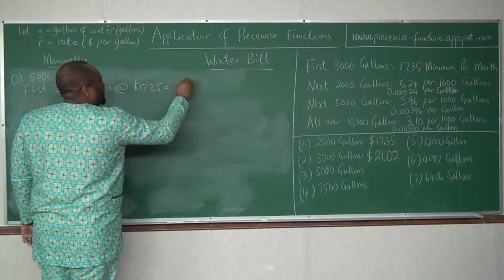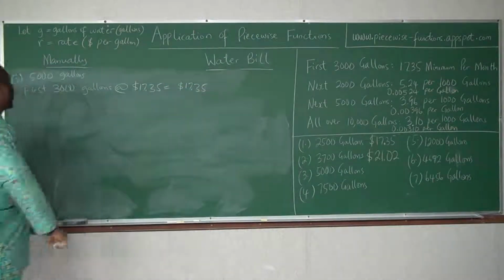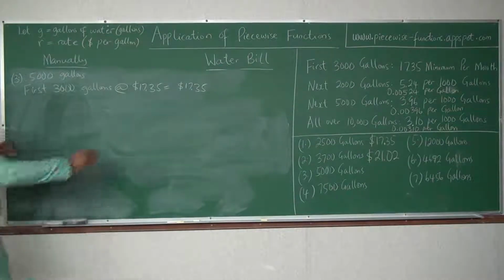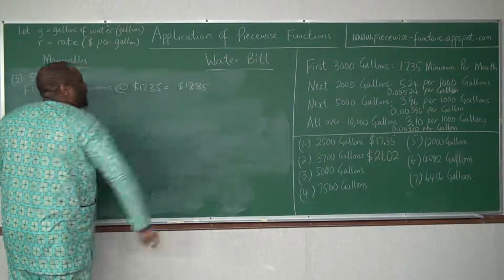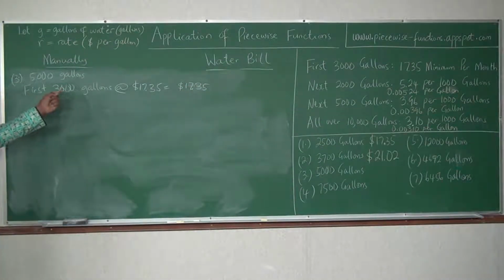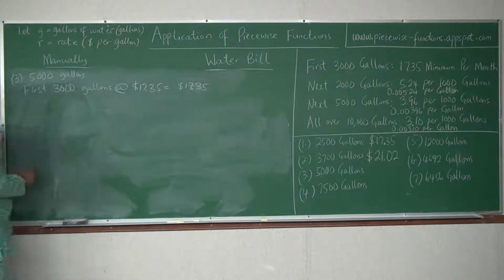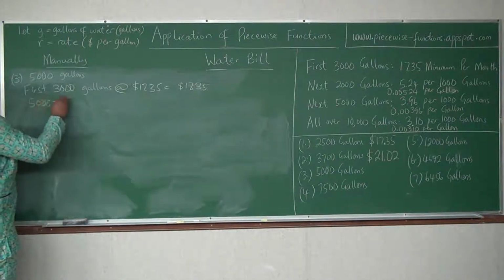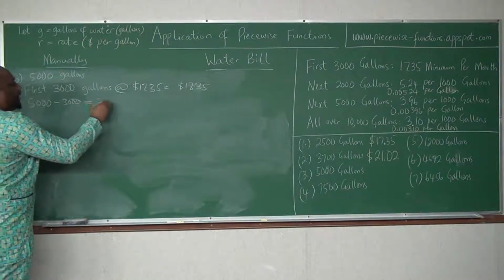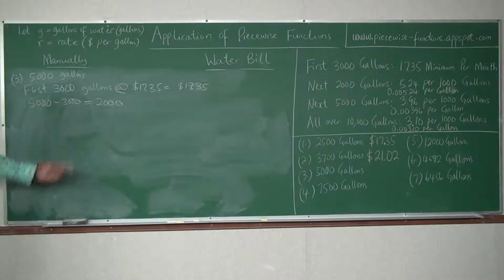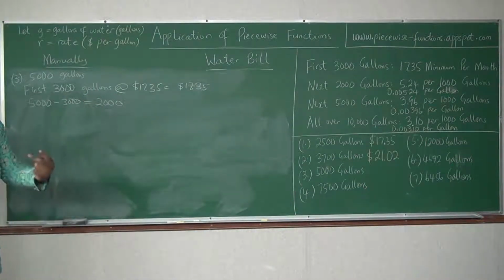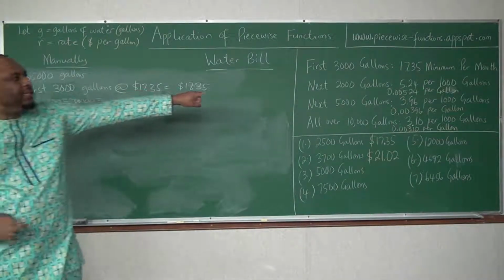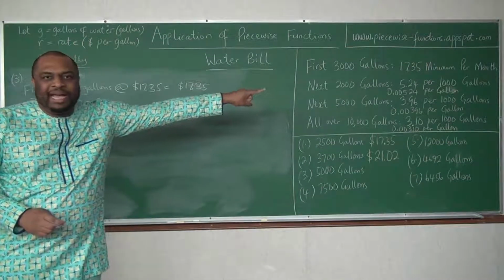Okay, that is $17.35. Then you have 5,000 minus 3,000 is 2,000. When you have the first 3,000 gallons, then the remaining gallons that was consumed is 2,000 gallons. So the next 2,000 gallons at this rate per gallon.